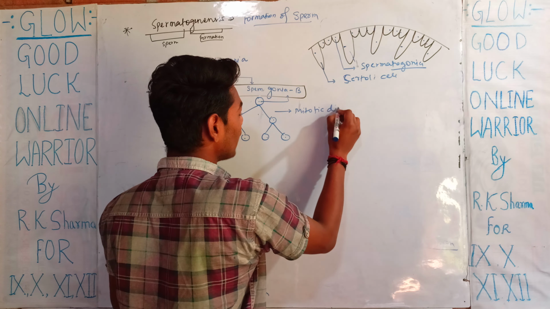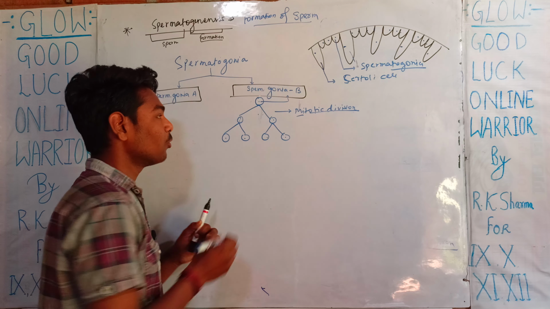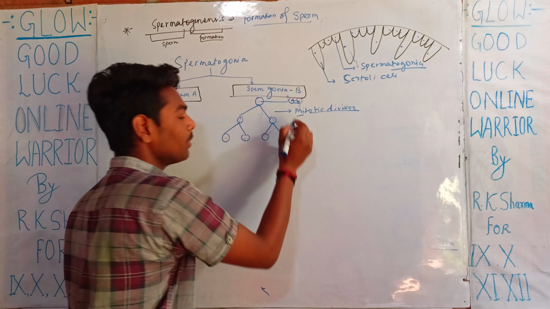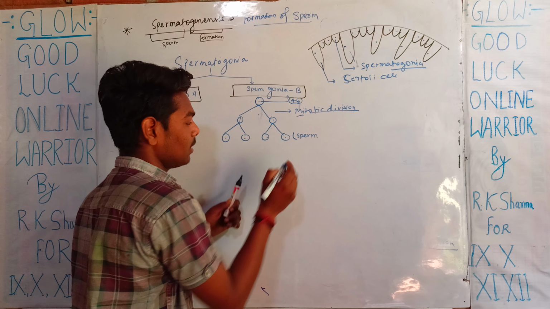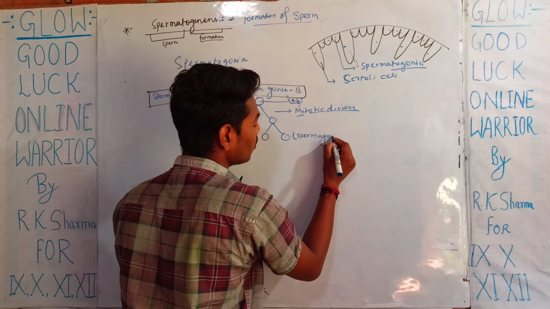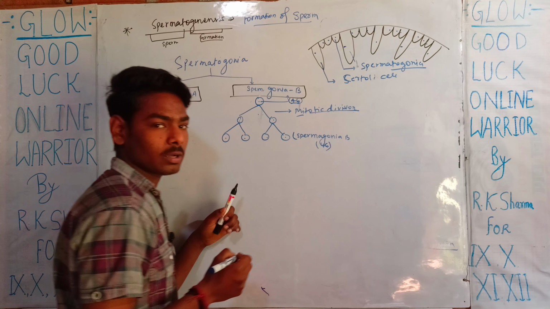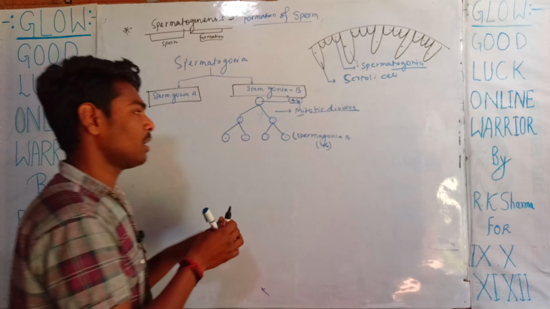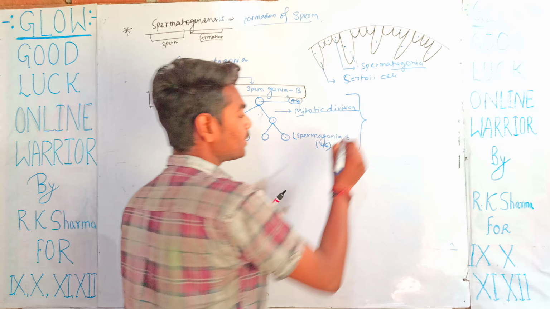And we know that in mitotic division the chromosome number is not halved, so whenever the chromosome number is 46 in the spermatogonia B, the daughter cells are also spermatogonia B, and the chromosome number is 46. And how many times does the division occur? Some books write that it is many times, but it is a fixed number, which is 7 times.